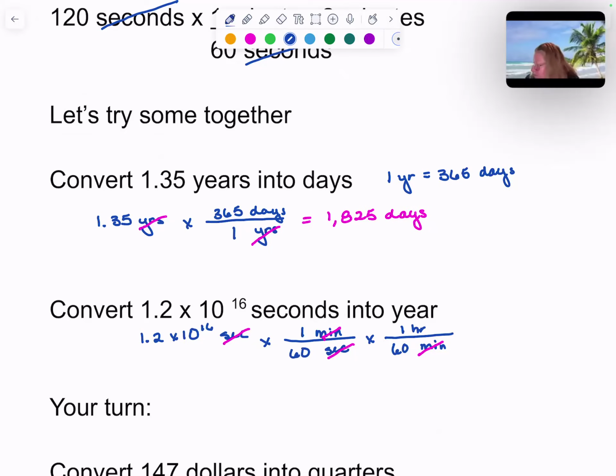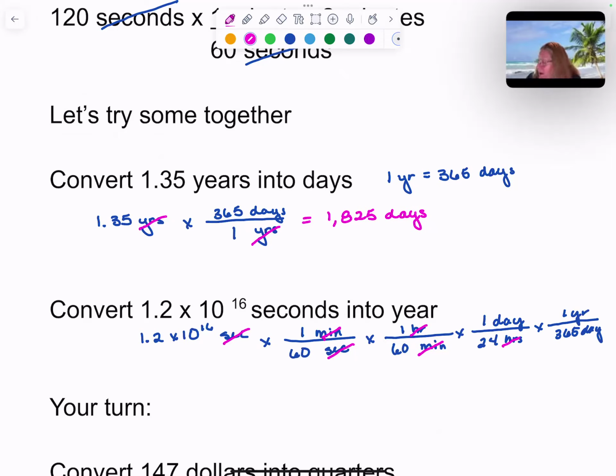Well, we've got hours. Hours still doesn't take us to years, but we can get a little closer. We know that there's 24 hours in 1 day. Now you're starting to see it. The hours are going to cross cancel. We're going to now get rid of days, and we know that there's 365 days to 1 year.